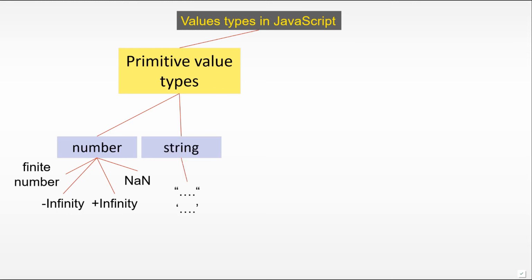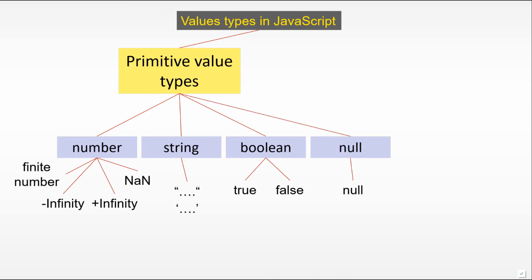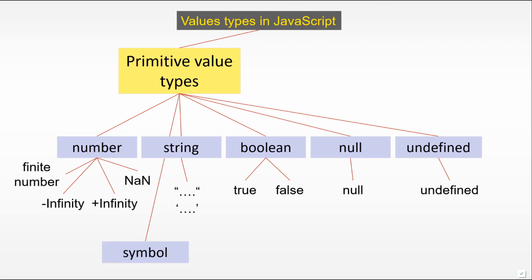In addition to that, we had the string with its double quote or single quote varieties, both of them generating a string value in memory. We had the boolean with the two possible values that it can have, the true and the false. We then had the two empty types in JavaScript, the null and the undefined, both of which have a single value associated with them.